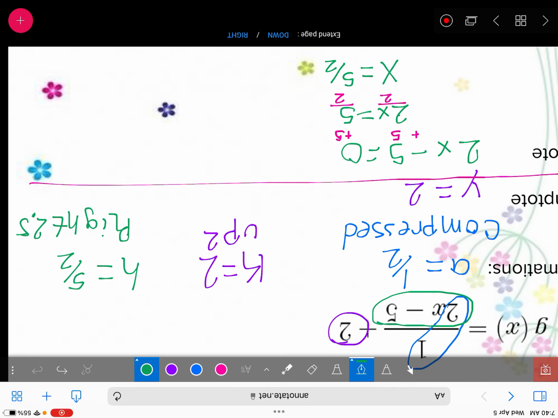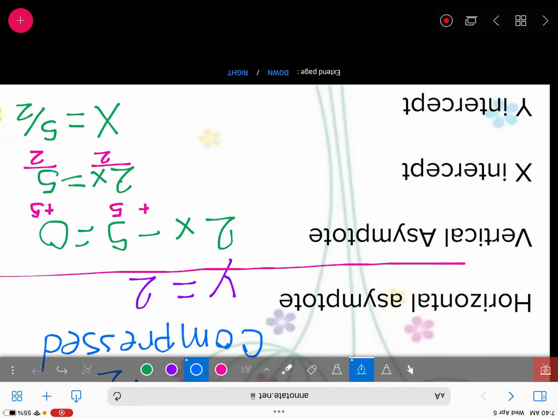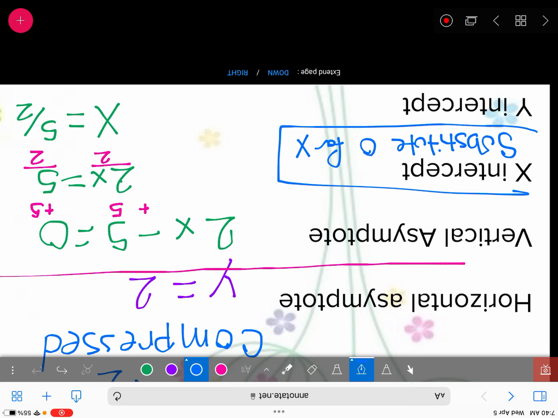The y-intercept and the x-intercept on this one, the y-intercept in particular is fine. The x-intercept is gross. To do this, which we're not going to need to do because honestly I want to get to the other things, you would substitute in 0 for x and solve it, which you can absolutely do.